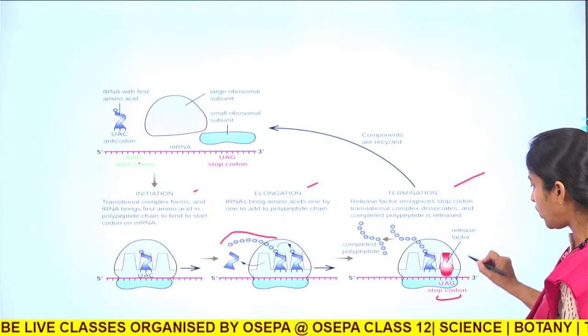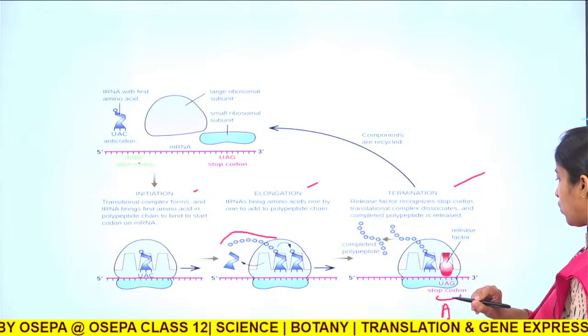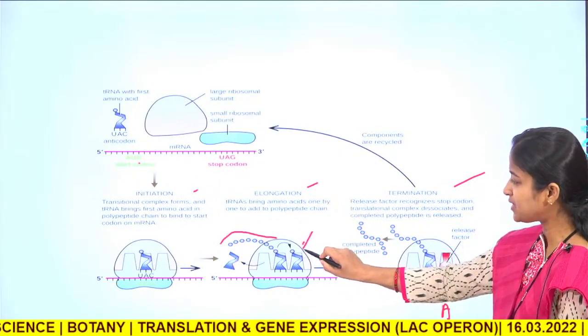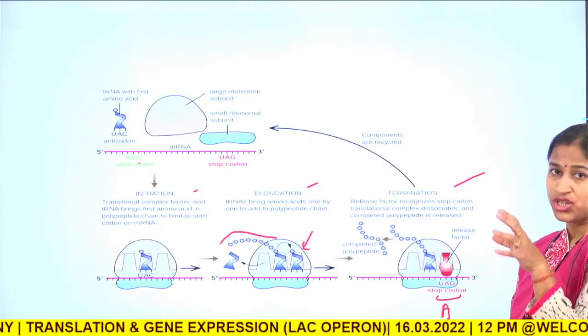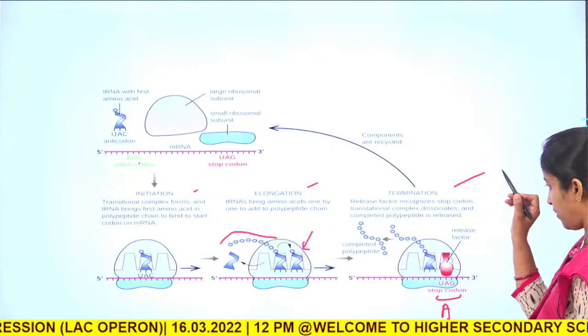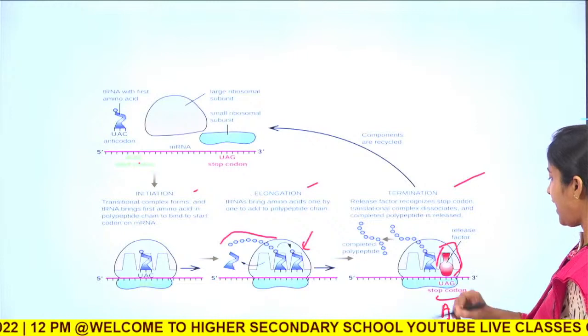So, when the A site is occupied by a stop codon, instead of the freshly incoming charged tRNA loading the amino acid, the release factor will come and bind to the A site.